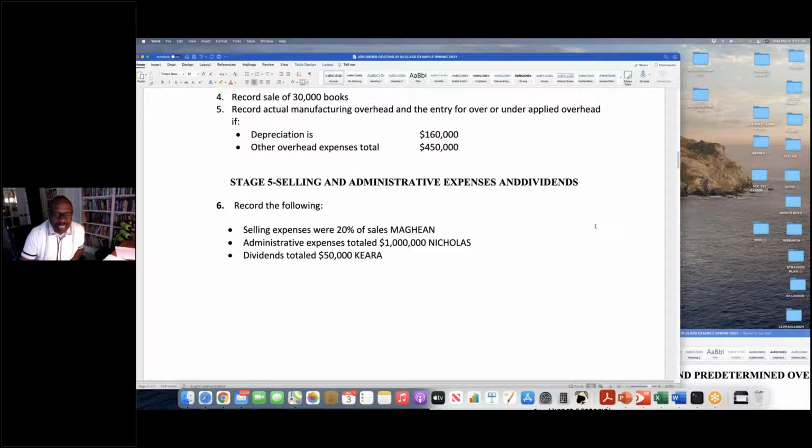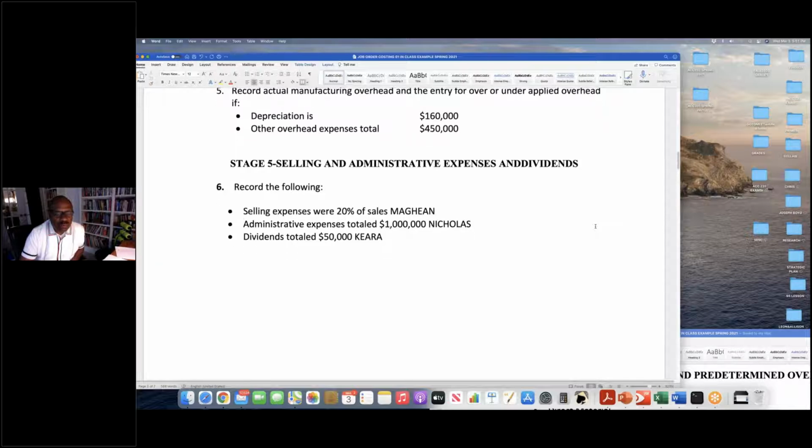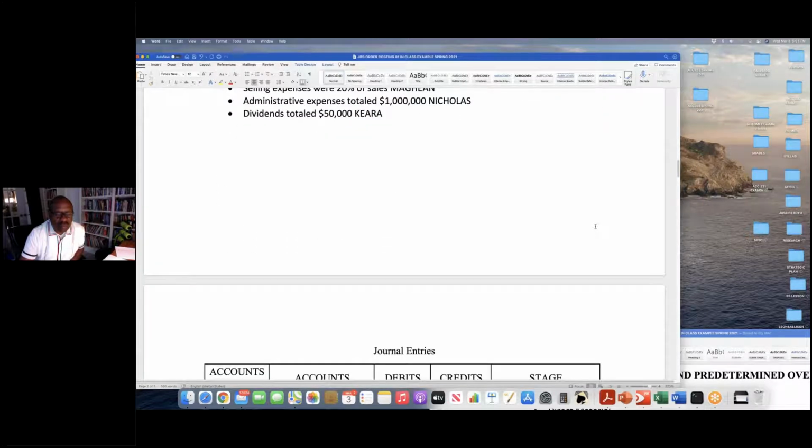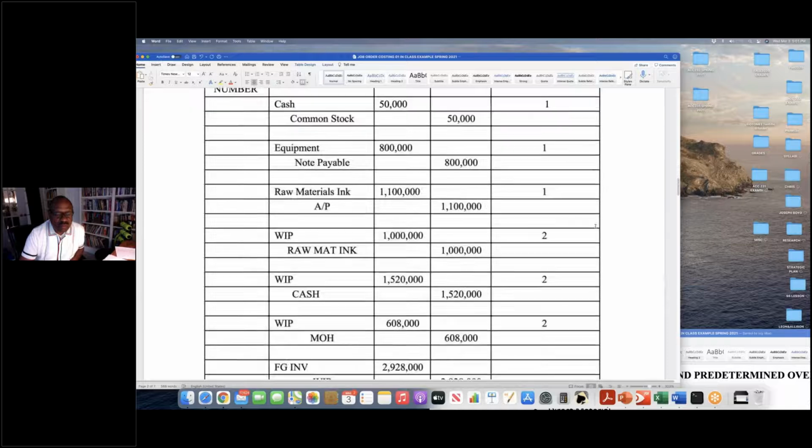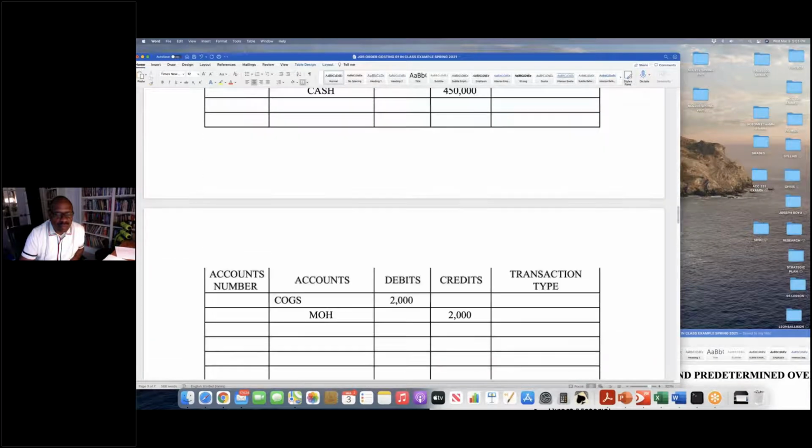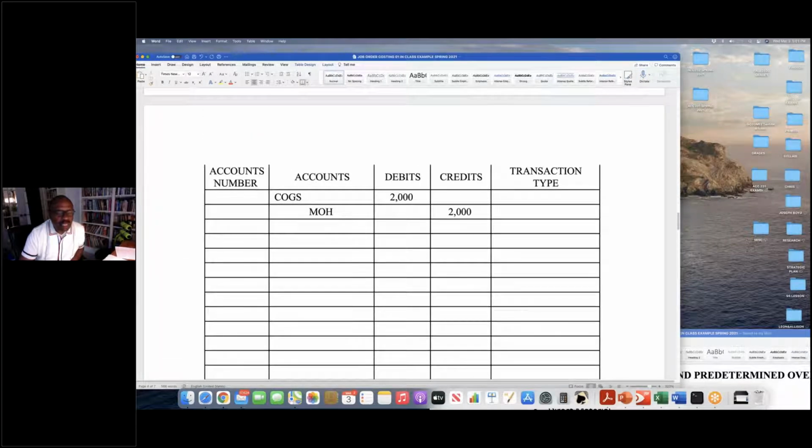So what's our selling expenses going to be? We're just going to debit selling expense and credit cash. And this is under stage 5, Professor?